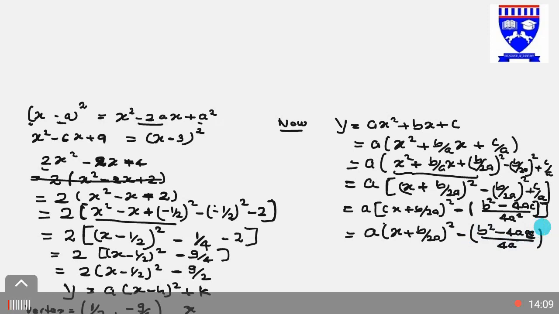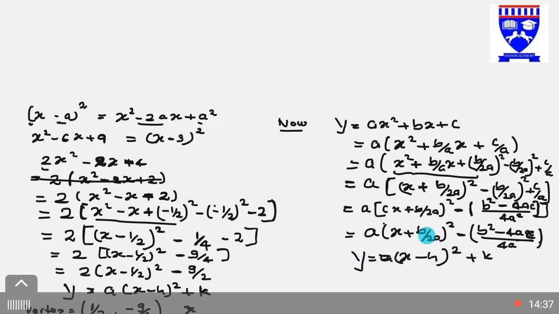Okay, so this is the answer. Now you have the same squared format: y is equal to a into x minus h squared plus k. So here h is minus b over 2a.